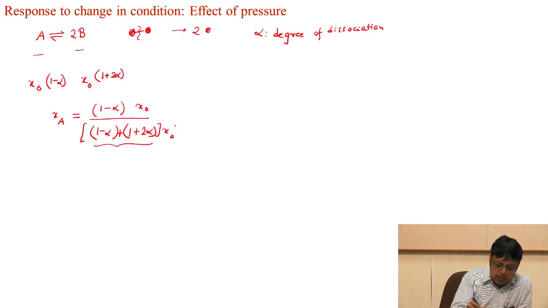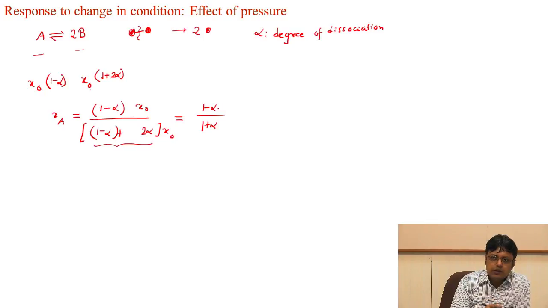So I'm getting 1 minus alpha in the numerator, and in the denominator we have 1 minus alpha plus 1 plus 2 alpha, which is just 2 plus alpha, so we'll have 1 plus alpha here, and then the X0 cancels.